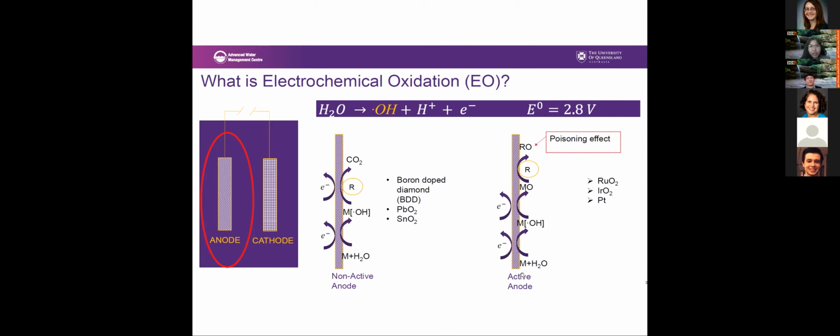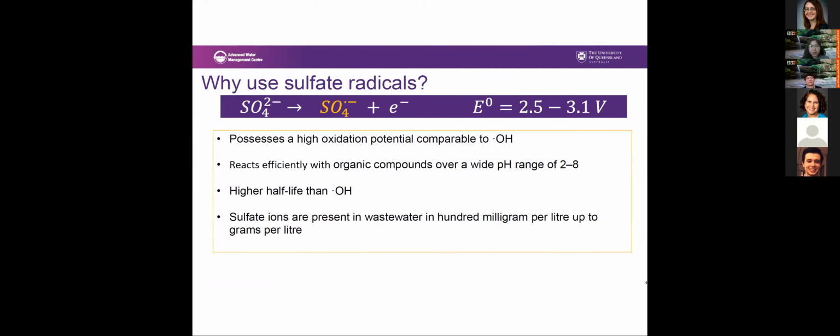You can either have a direct oxidation, where your pollutant is directly oxidized on the anode surface, or an indirect oxidation, where your pollutant, which is in the bulk solution, is oxidized by the oxidative species being produced, such as the hydroxyl radicals.